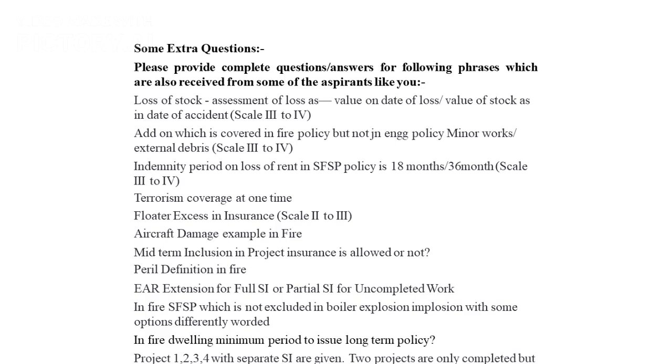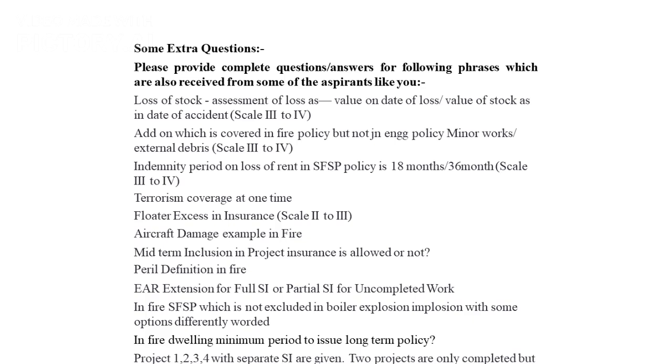Terrorism coverage at one time. 5. Floater excess in insurance. 6. Aircraft damage example in fire. 7. Mid-term inclusion in project insurance is allowed or not? 8. Peril definition in fire. 9. EAR extension for full SI or partial SI for uncompleted work. 10. In fire SFSP, which is not excluded in boiler explosion implosion, with some options differently worded. 11. In fire dwelling, minimum period to issue long-term policy?